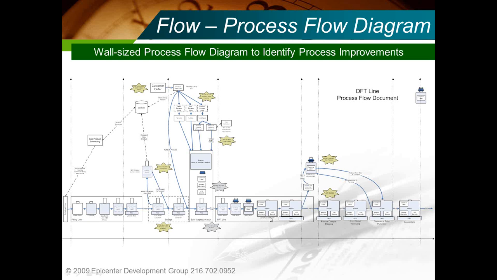There's a puck that it goes on until it finally ends up on a pallet, and there's other things on there. So this became a wall-size poster, and then we sat down with the team and facilitated the conversation. Well, where are the big time delays? And each one of these stars represented different opportunities. We actually wrote on it on the wall.